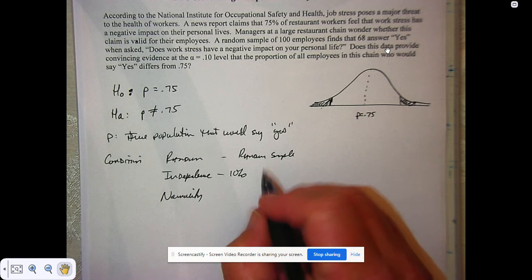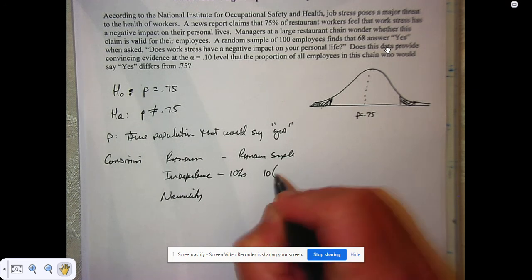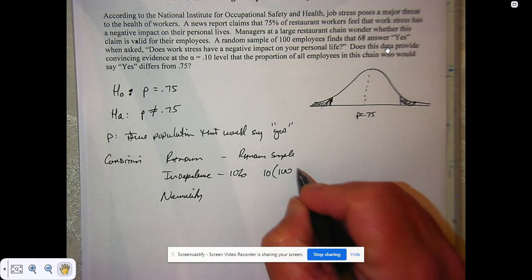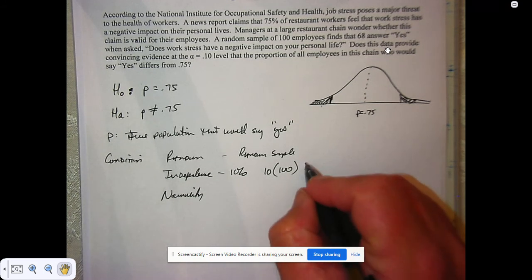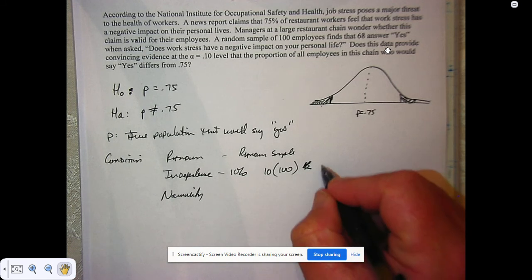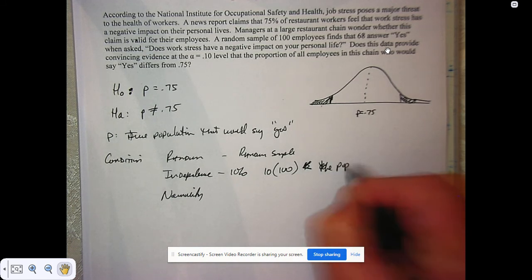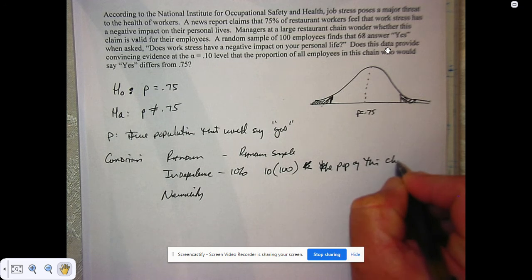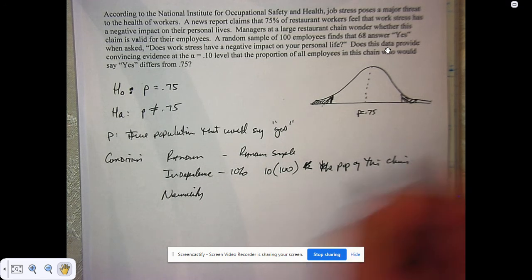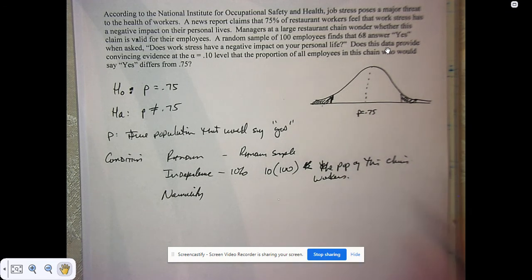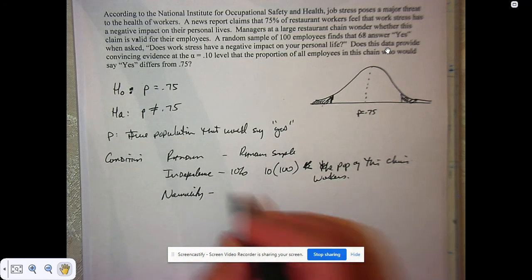We are going to think that 10 times the sample size of 100 would be less than the population of this chain's workers. So we're going to say it's a large restaurant chain and they have more than 1,000 workers. Okay, we'll make that assumption. Remember to really hone in on what population you want to generalize to and make sure the conditions fit that population.